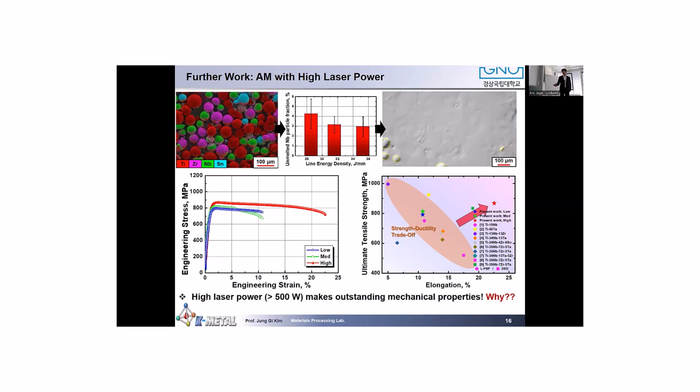And when you check the stress strain curves, we can find some interesting results, especially in the case of high energy density. We can find quite outstanding mechanical properties. We tested at least 3 times to obtain reliable results. So nowadays we are checking why these samples show such outstanding mechanical properties. Hopefully I will finalize it by the end of this year.